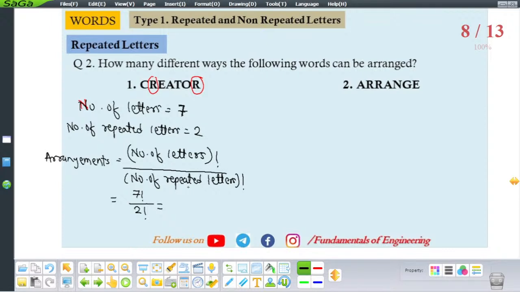You have taken the screenshot. 7 factorial, what is the value? Yes guys, students, 7 factorial value.